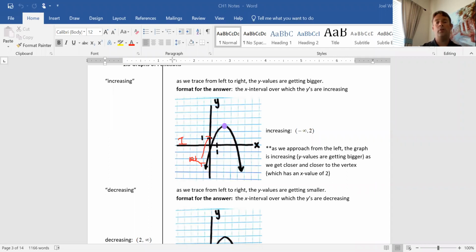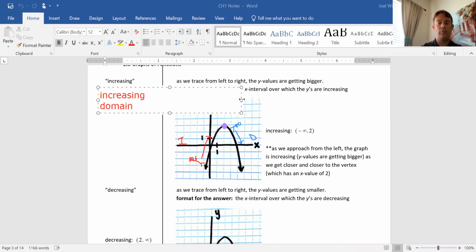And instead of going up the mountain, I'm going to start going down the mountain. So when I start going down the mountain, as I'm going left to right, that would be where I am decreasing.